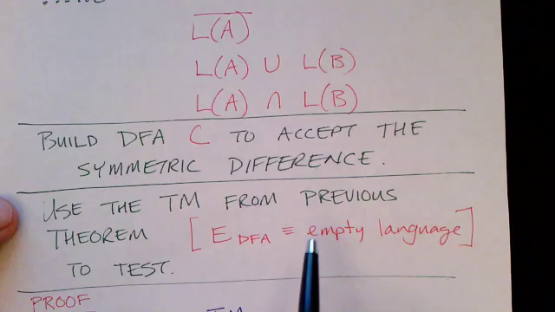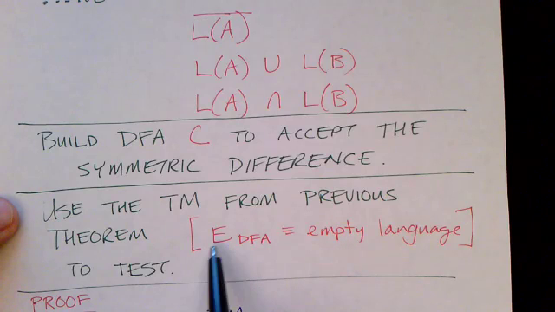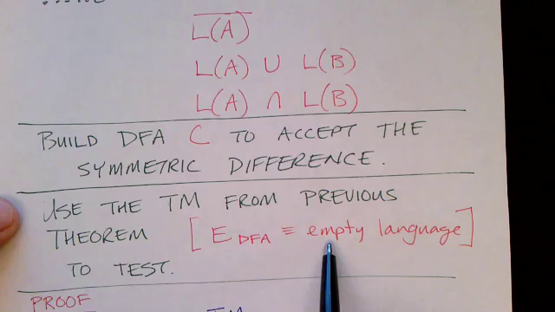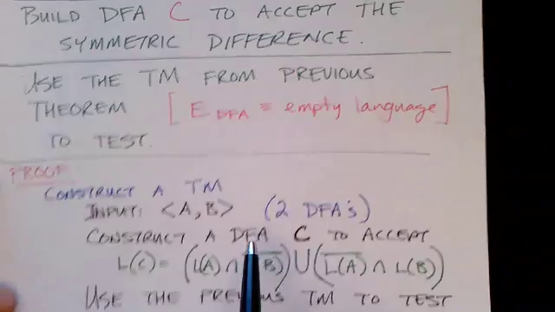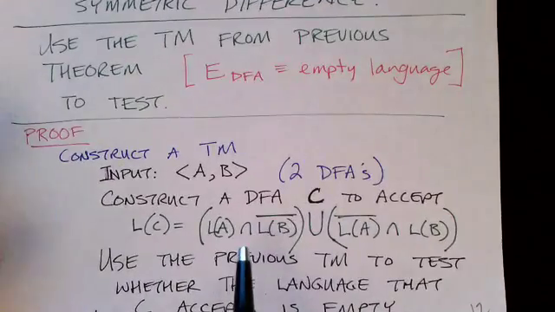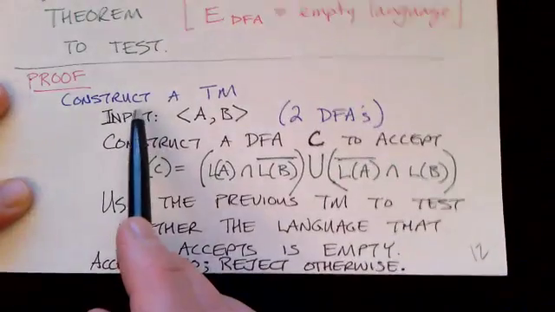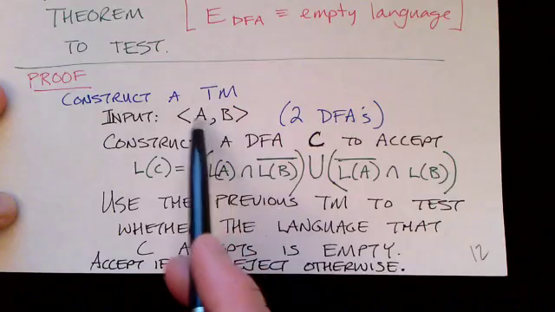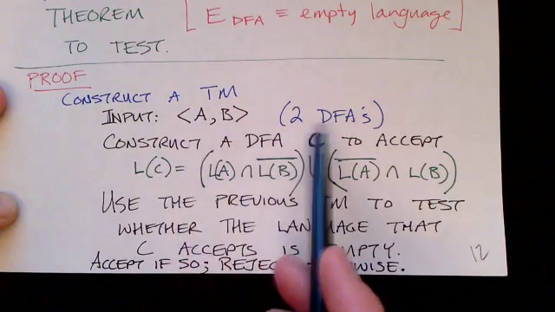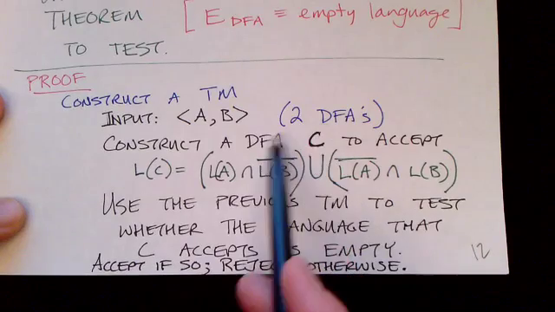of A and B. And then we use the Turing machine from the previous theorem. Remember, that was the one that detects empty languages. And we test to see whether the symmetric difference is empty. So, just to recap, we want to construct a Turing machine, and it has as input two deterministic finite state automata.